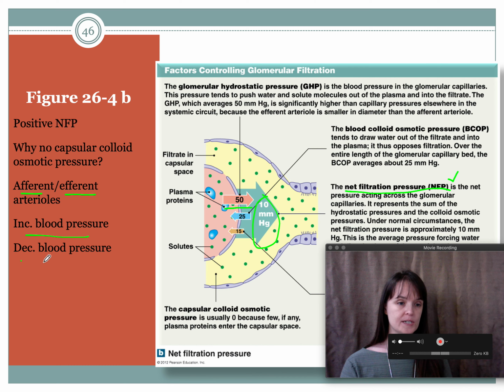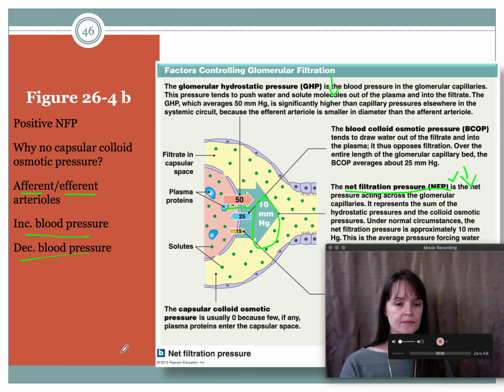And if blood pressure dropped, then you would drop the glomerular hydrostatic pressure, which would drop the net hydrostatic pressure, which would drop the net filtration pressure. And if net filtration pressure goes lower than 0, then no filtrate is being formed, and you just entered kidney failure. Luckily, we have a few ways to try and avoid that, which we'll talk about.